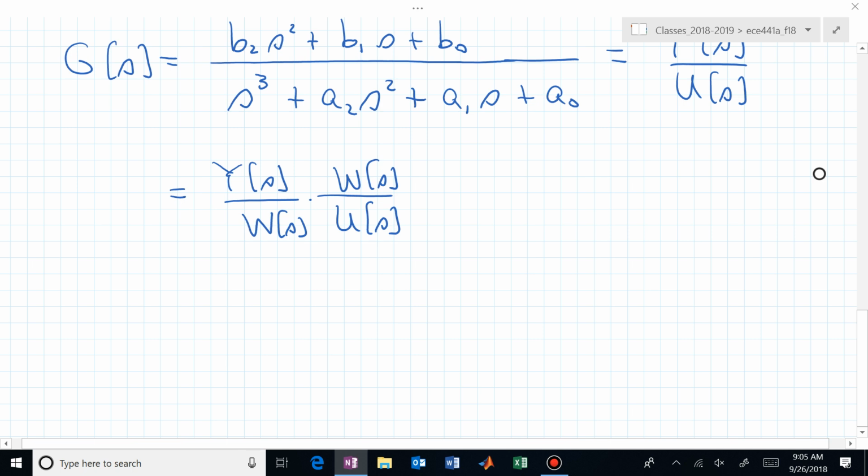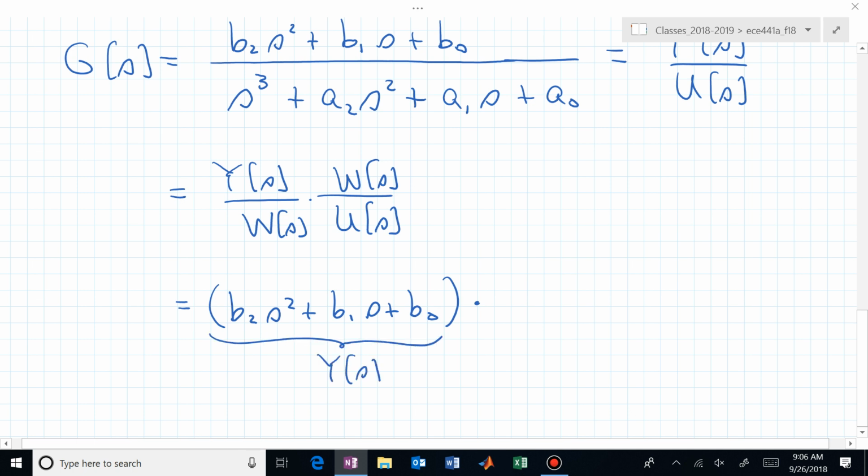But what we want to do now is associate these particular transfer functions, y over w with something and w over u with something. And the way that we will do that is we'll essentially pull apart the transfer function into its numerator part and then its fractional part. If we pull off the numerator, there's our numerator. We're going to actually associate that with this transfer relationship between w and y.